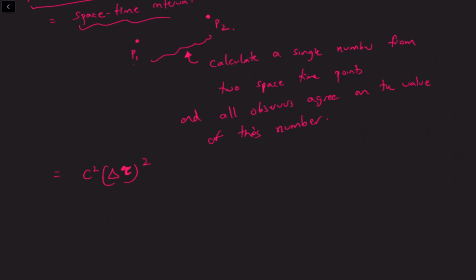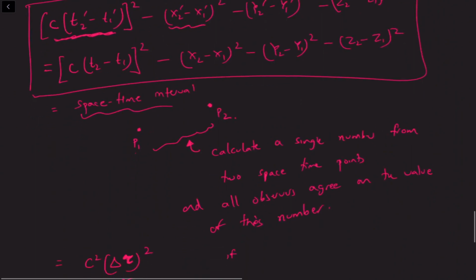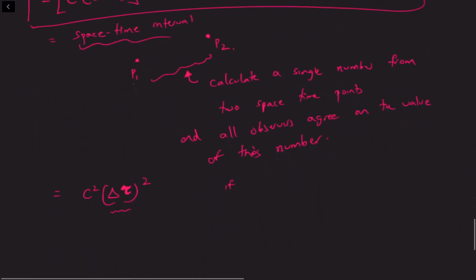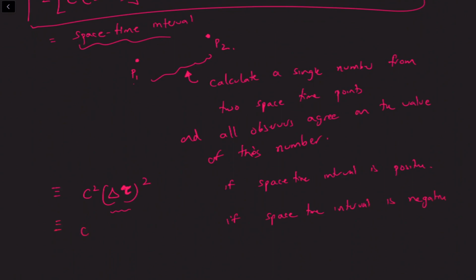This is typically the description if the spacetime interval is positive. And if the spacetime interval is negative, we define it to be minus c square delta sigma square.